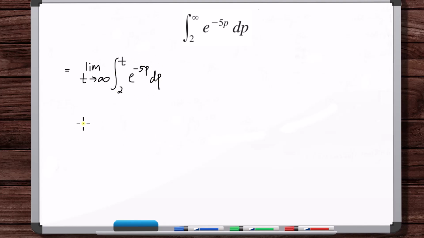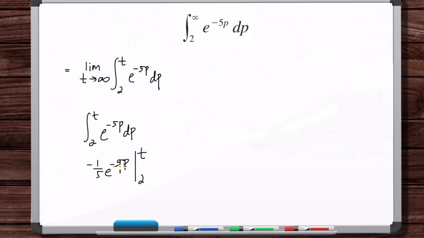So if we come off to the side and do this integral, so this is going to be minus 1/5 e to the minus 5p evaluated from 2 to t, right?